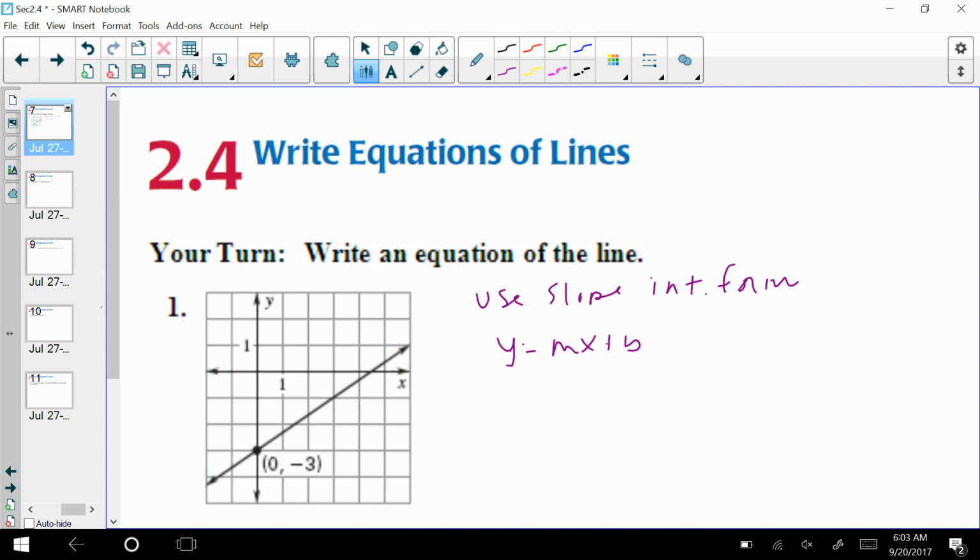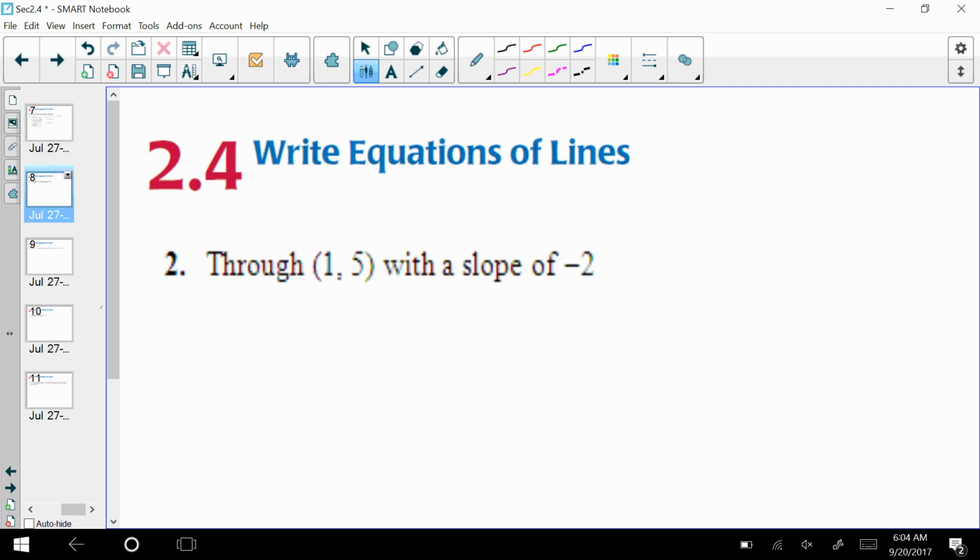So in this case, we know that b is -3, and we can find our slope by choosing any other point here. So our slope is rise 2 over run 3. Here we have our slope and we have a line, so we can use point slope form.